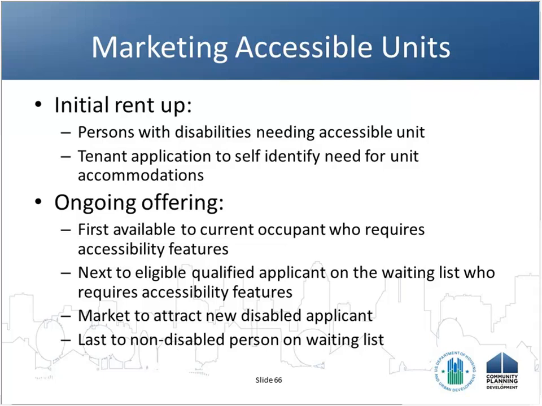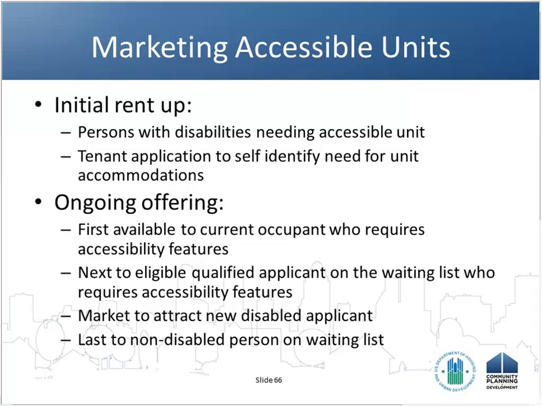When we are renting those units subsequently, we have a specific process to follow, and you need to be able to document that that's what you're doing. So when we have an accessible unit in a project that becomes available after that initial rent-up, we're going to first look to the current occupants of that property to determine whether there are any current residents that actually need that accessible unit.